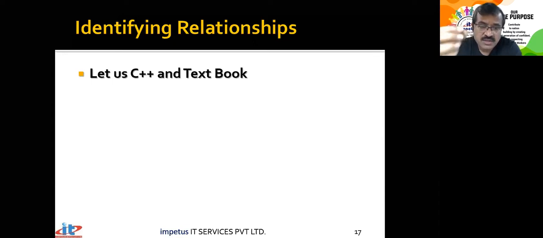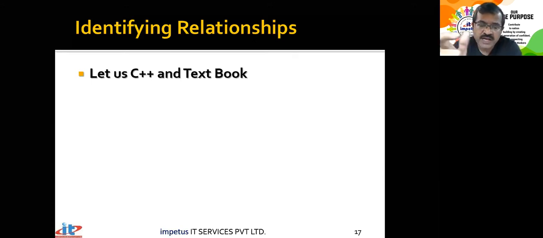Every book instance will be a separate copy. Your copy's serial number will be different, my copy's serial number will be different. All of us have an instance of this particular class called Latest C++. Your edition may be number 10, mine might be edition number 4, which I purchased long back.